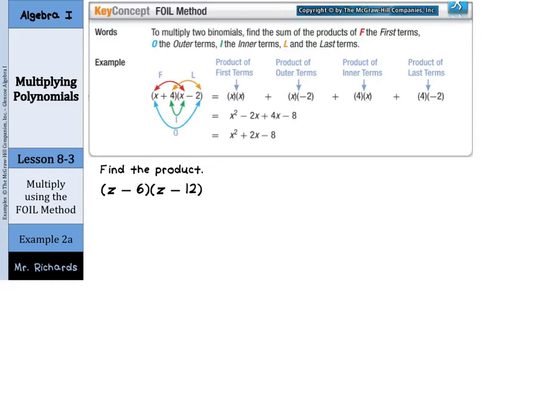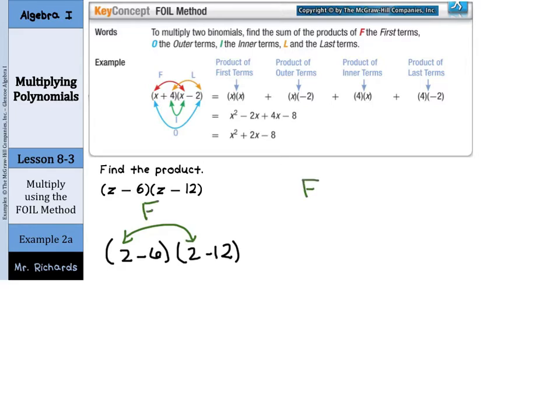And now, to do this, I'm going to rewrite this down here, z minus 6, and then z minus 12. FOIL stands for first, outer, inner, last. So let's multiply the first terms together first. That's going to be our first.